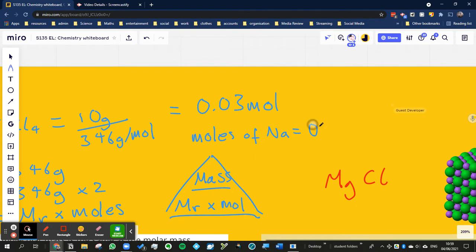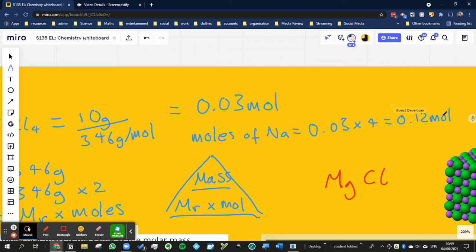So it's 0.03 times 4, which is equal to 0.12 moles. We haven't finally got the answer yet. We've just calculated the number of moles, the moles of sodium. Remember, we want to know the mass of sodium, because we're going to be weighing it out and we want to carry out our experiment correctly.